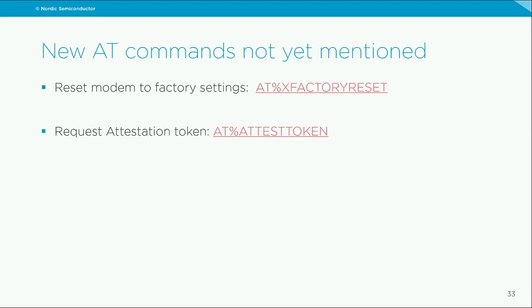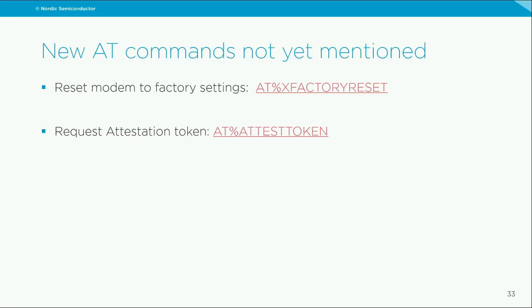And also some new AT commands that have not yet been mentioned are this AT factory reset, which basically resets the modem parameters to factory settings, and also this new request attestation token, which is just authentication of the Nordic device.